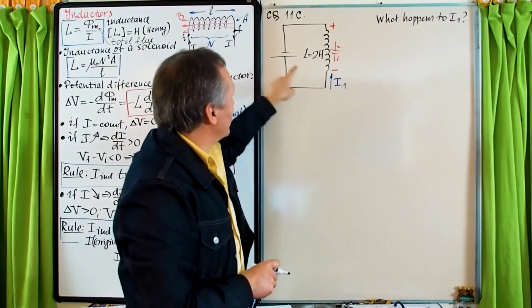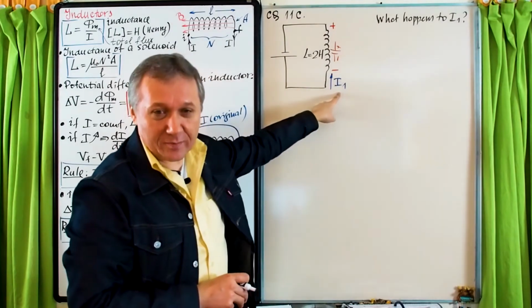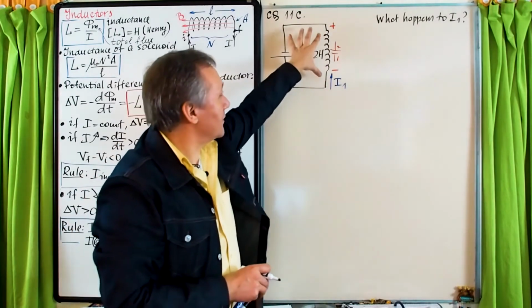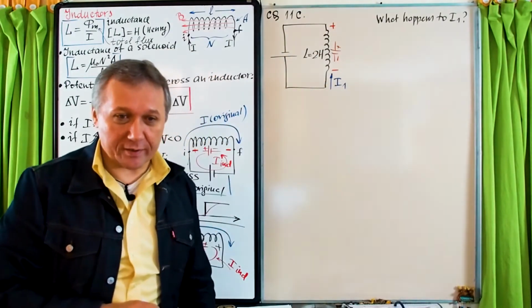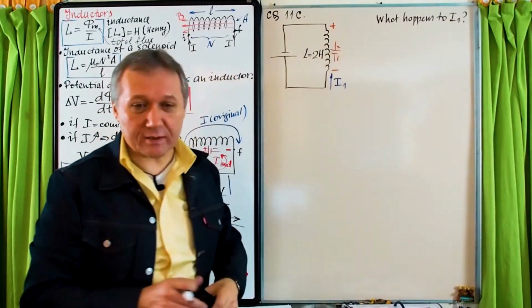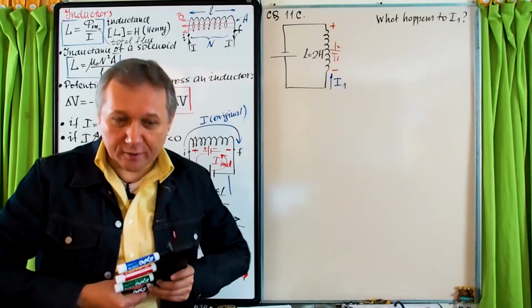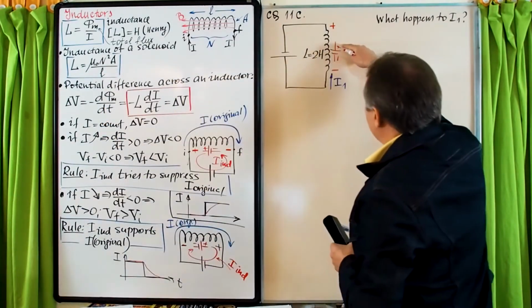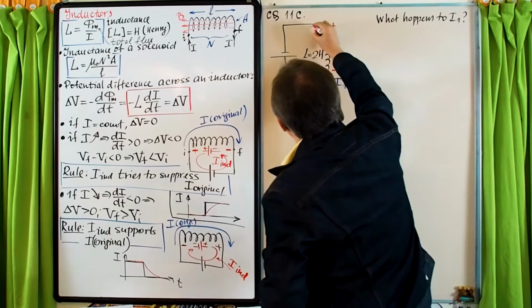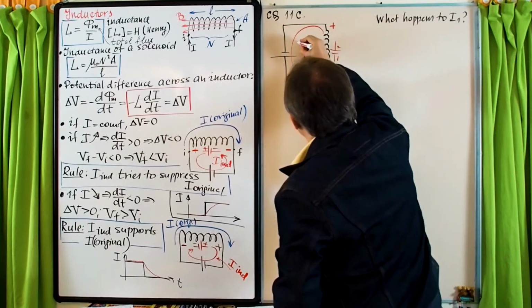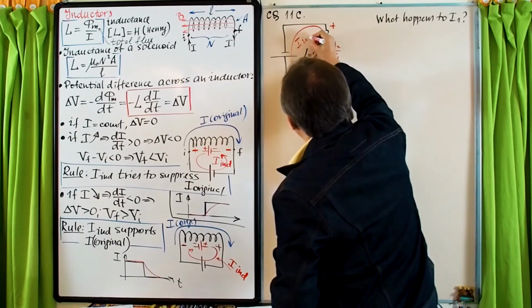So I1 is produced by this battery. Then something happens to this current, and as a result, the solenoid responds with that polarity, plus and minus. So the solenoid will start driving its own induced current from plus through the rest of the circuit to that minus. So this will be I induced.